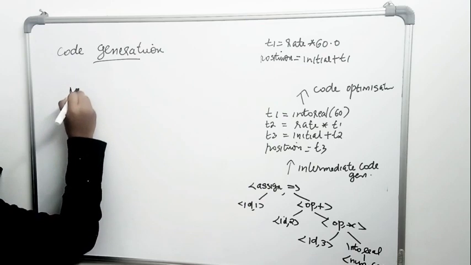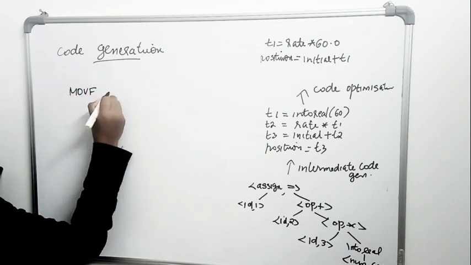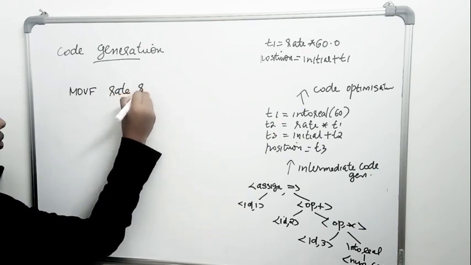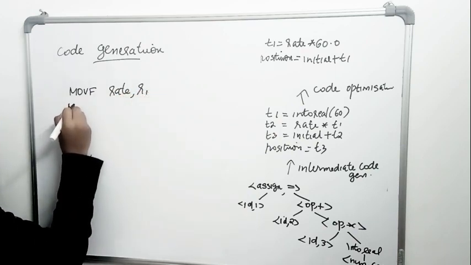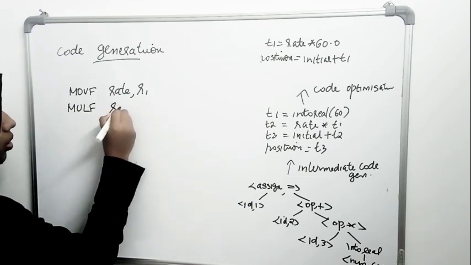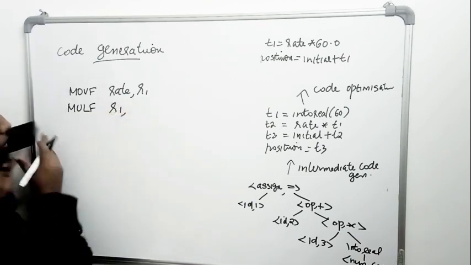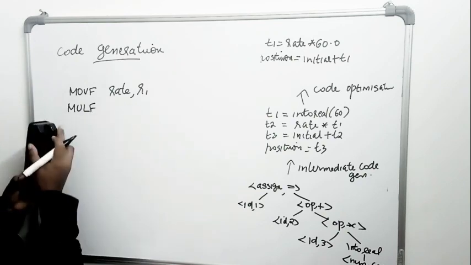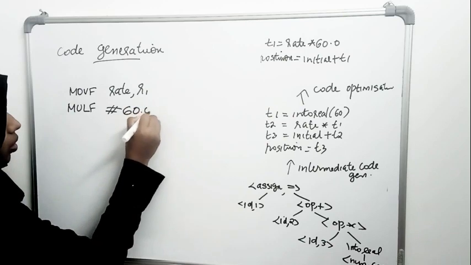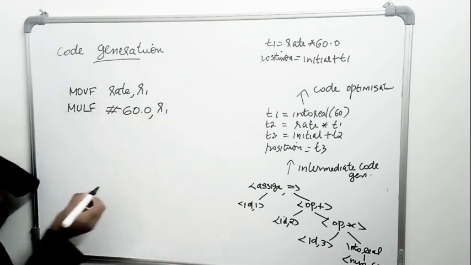So we are moving the value of rate into some register R1. Now we are multiplying R1 with the value 60.0, and the last one is the destination.